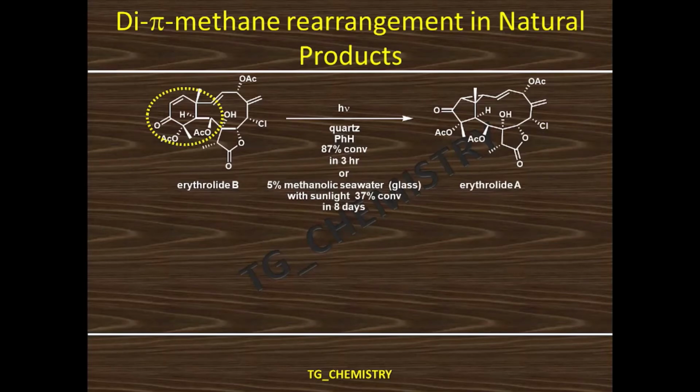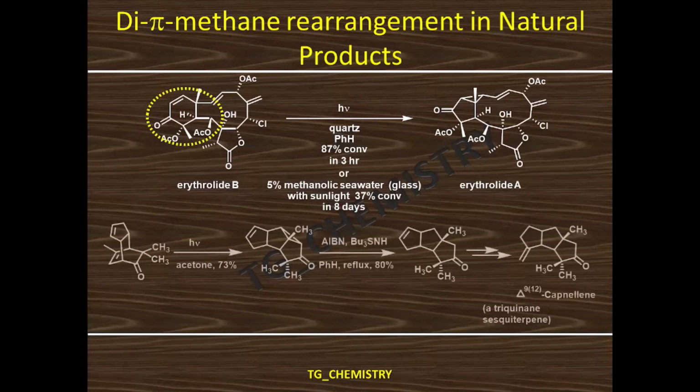The other condition can be 5% methanolic seawater, where the erythrolide B will be taken in a glass vessel, and with sunlight 37% conversion can take place in 8 days, and eventually that will lead to erythrolide A as the final product. So the natural product synthesis from erythrolide B to erythrolide A is possible by means of di-pi-methane rearrangement reactions.